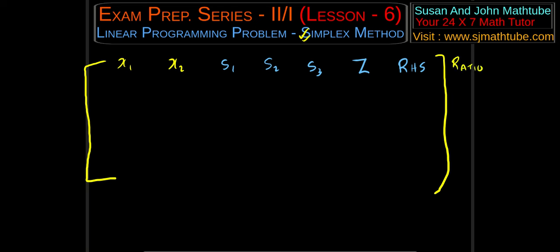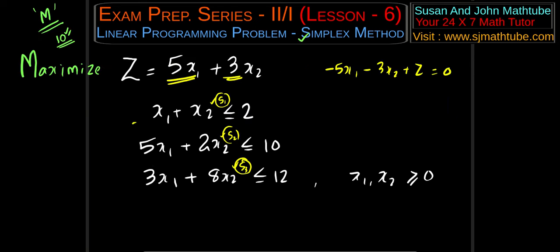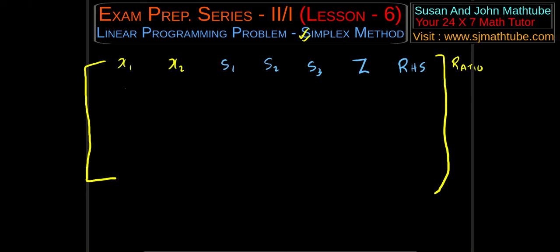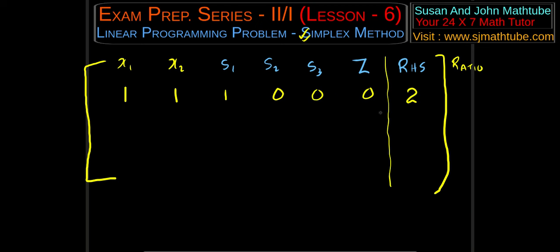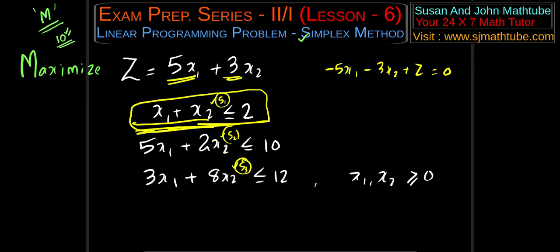Now let's start. Can you tell me the first row? Just take a good look at this and tell me the first row. That is 1, 1, we added 1 and it's nothing, nothing, nothing. And what about the right hand side? 2. And then we get 5, 2, no S1, only S2, no S3.